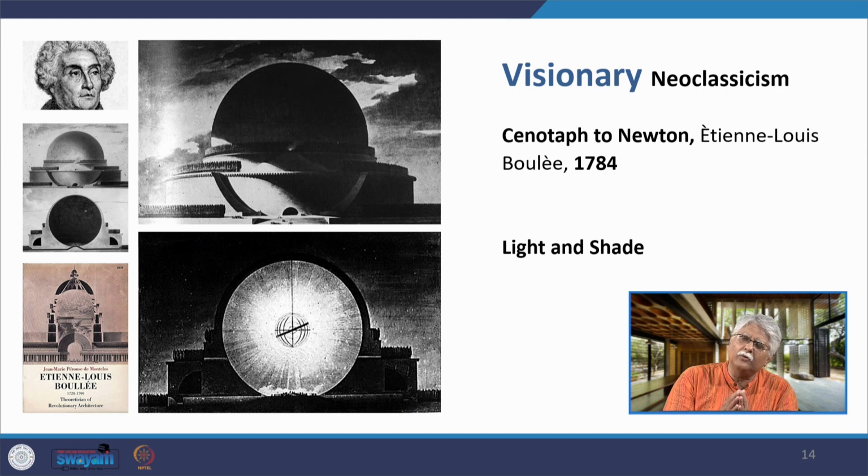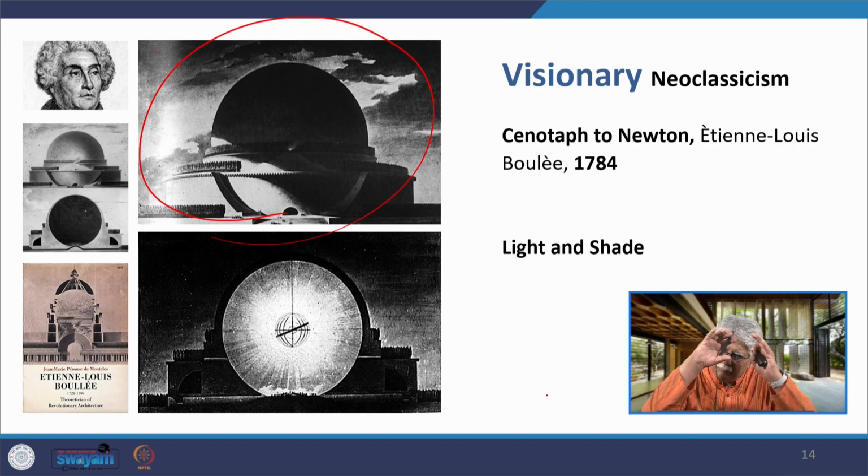As a tribute to Isaac Newton, Boullée envisioned the cenotaph to Newton, which had a combination of light and shade, this same dark and gloomy environment of Giambattista Piranesi. He envisioned the building like that, and the amazing thing is, what he envisioned was that it will have holes in it, the inside will be a complete hollow.